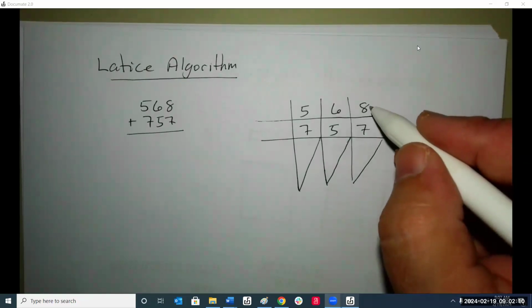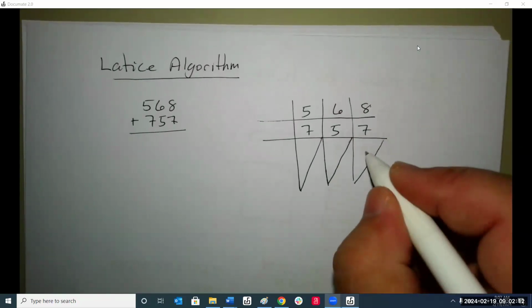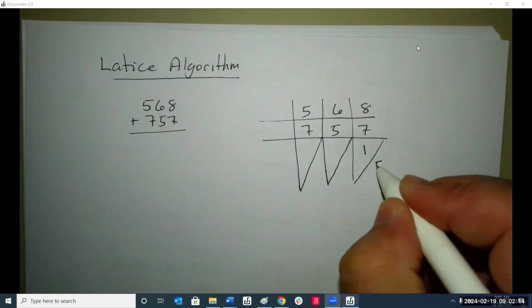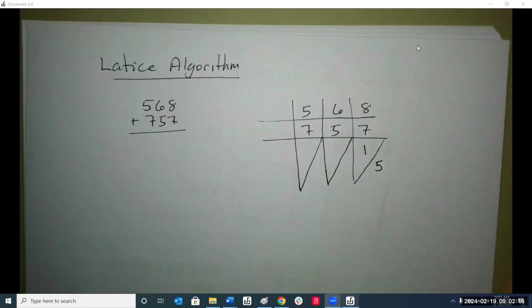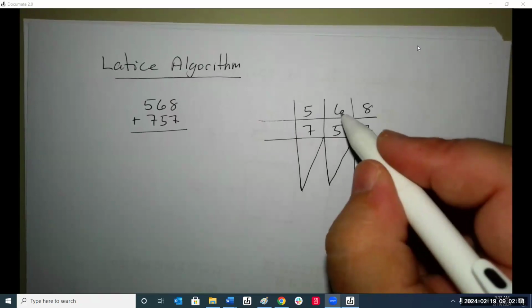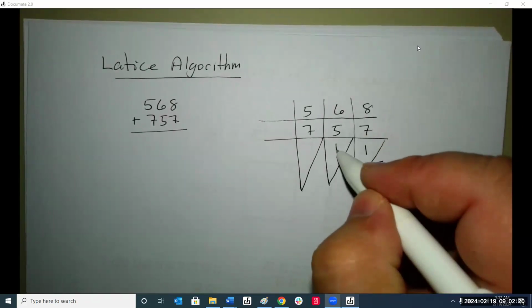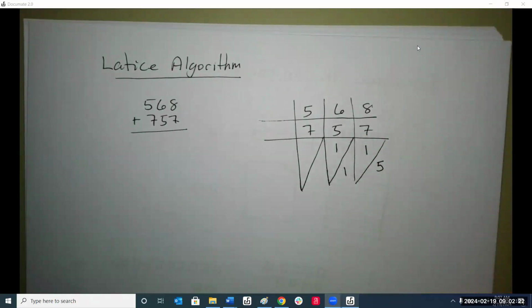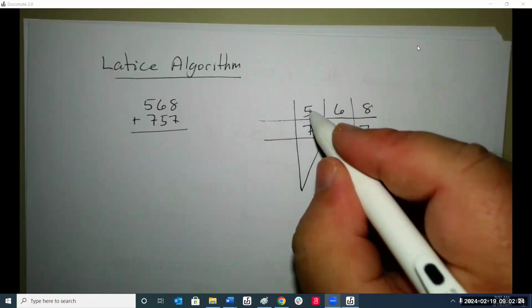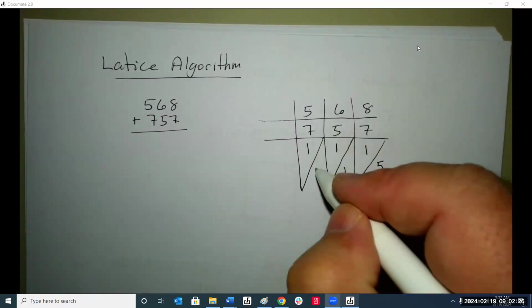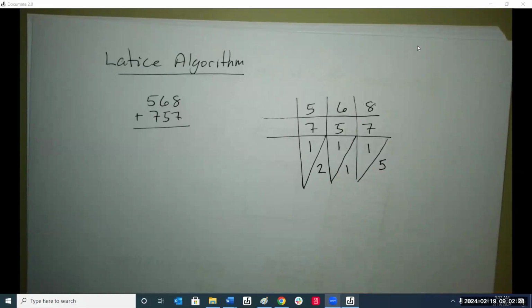So in this first one, 8 plus 7 is 15. That's the tens, that's the ones. 6 plus 5 is 11. 5 plus 7 is 12.